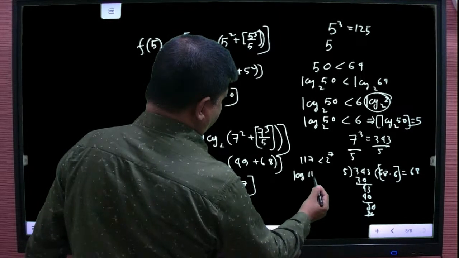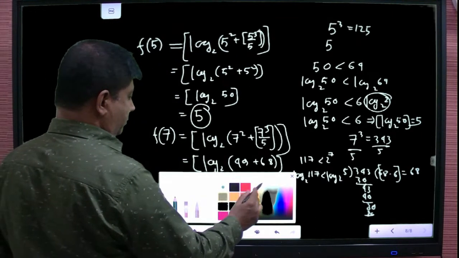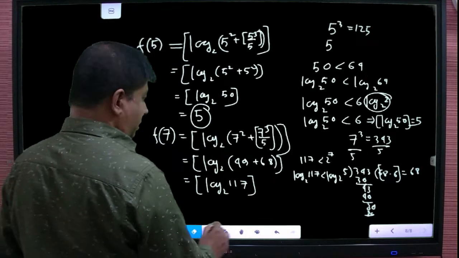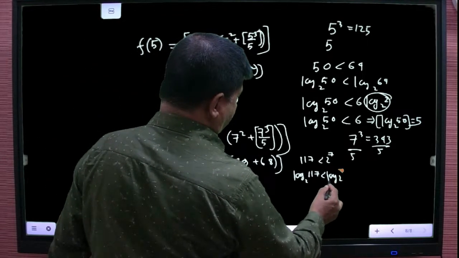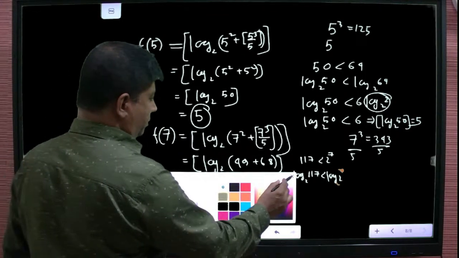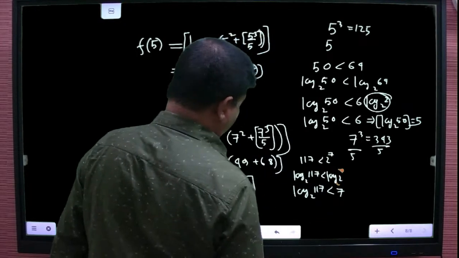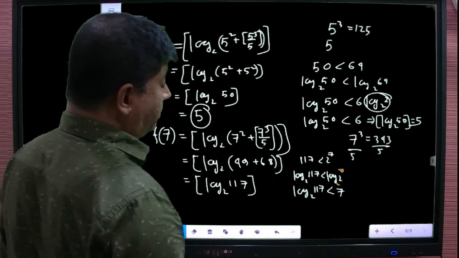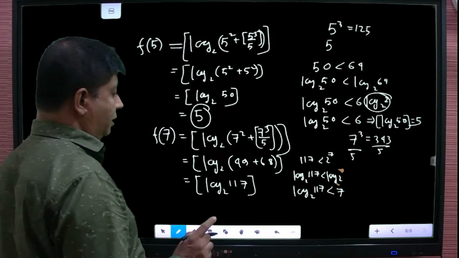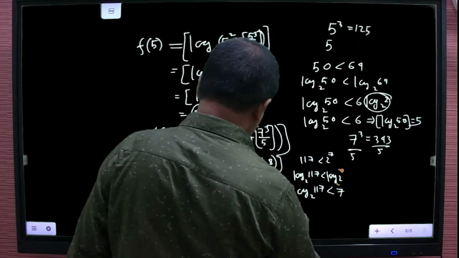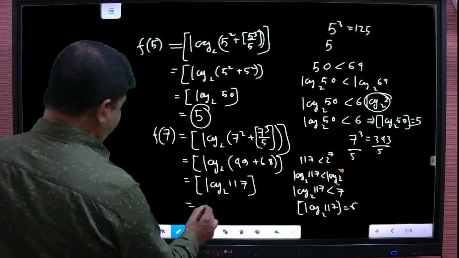So log base 2 of 117 is less than 7, which means the box function gives 6. So F7 is equal to 6.